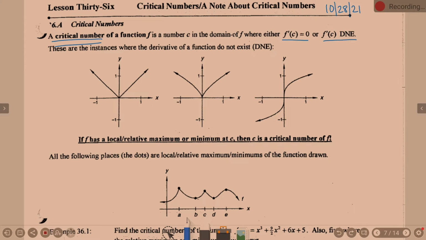Now, in this picture, these are instances where the derivative of a function does not exist. In the first two, the derivative does not exist at 0. Same thing here. The derivative does not exist when there's what we call a hard or sharp point.